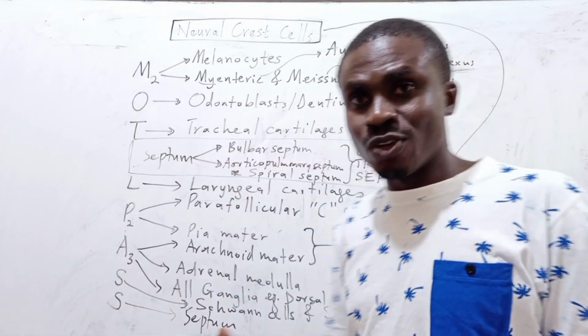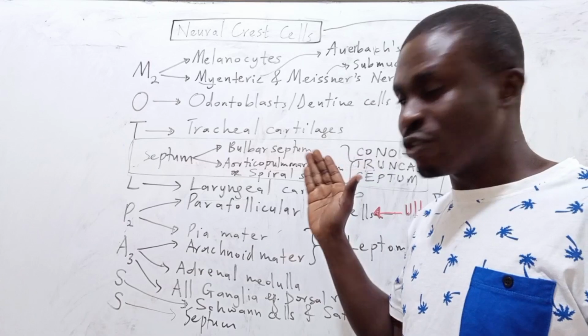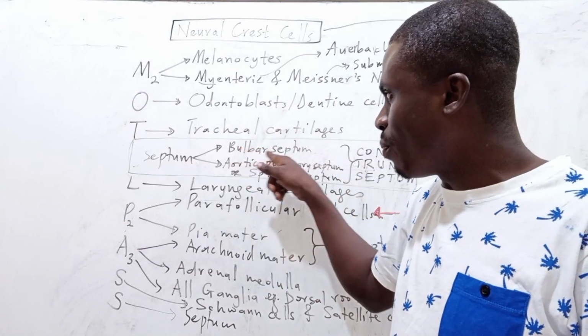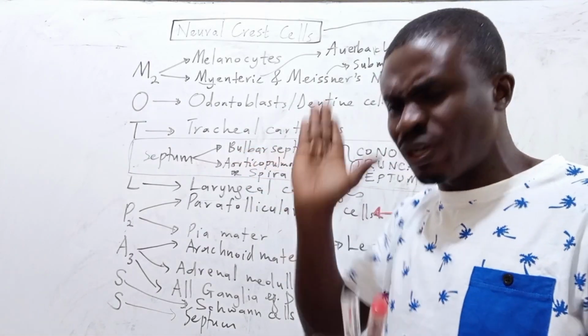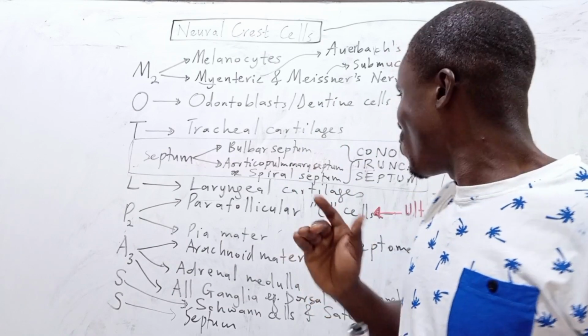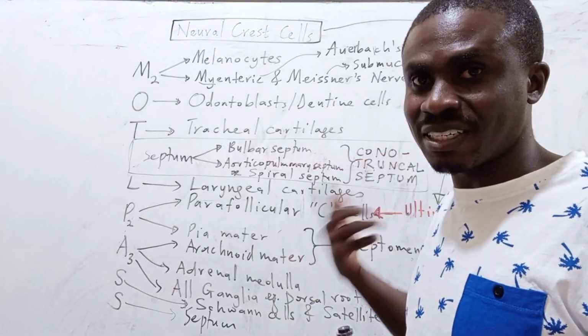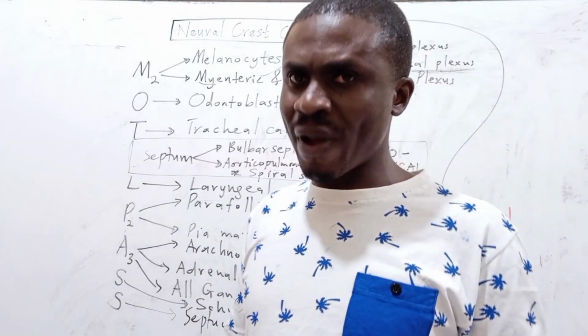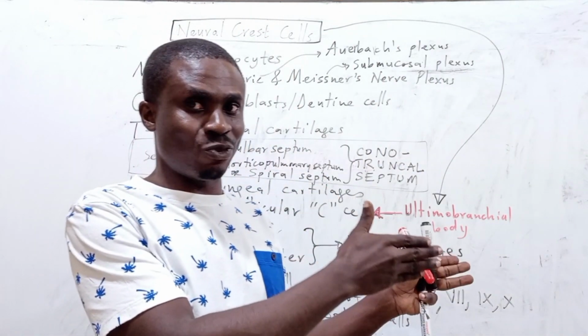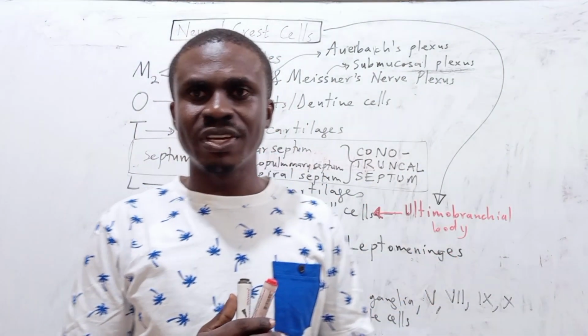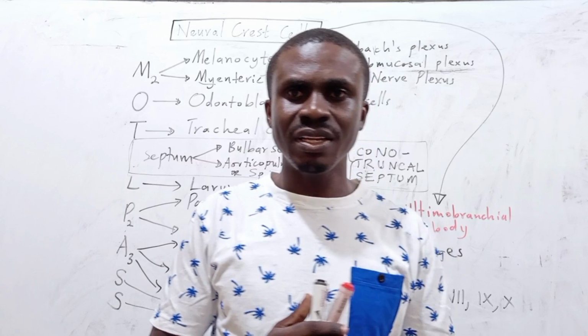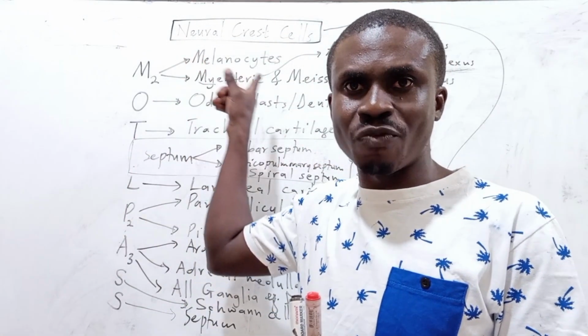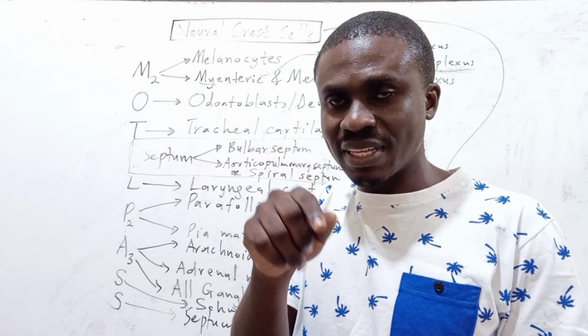So if you combine the bulbar septum and the aortico-pulmonary septum, then the name will be conotruncal septum. So you understand why. So in your exam, if you see conotruncal septum, then think about the fact that they are formed from cells of the neural crest.